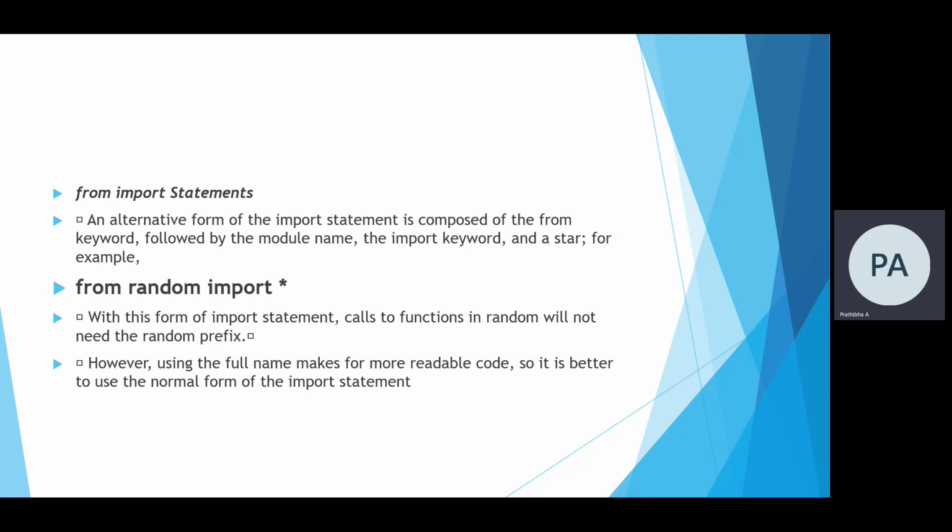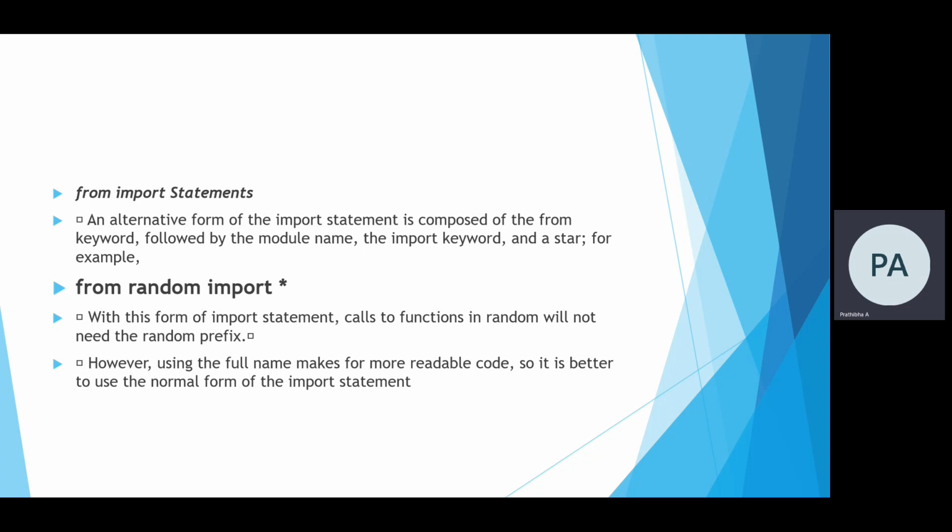The from import statement. Here an alternative form of an import statement is composed of the from keyword followed by a module name, the import keyword and a star. You can see the example: from random import *. Here we use the keyword from, the name of the module random, and the import keyword with a star, that is an asterisk. With this form of import statement, calls to functions in random will not need the random prefix.